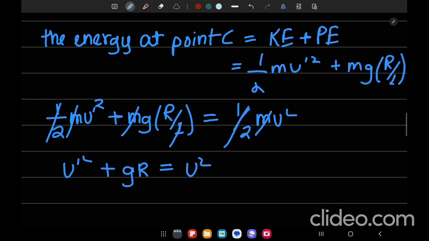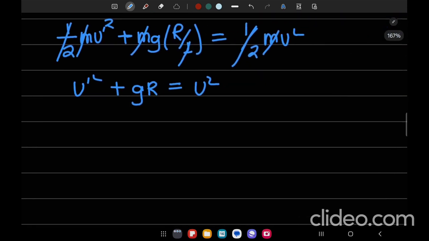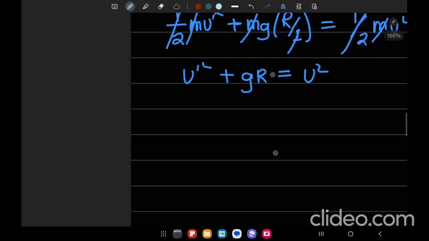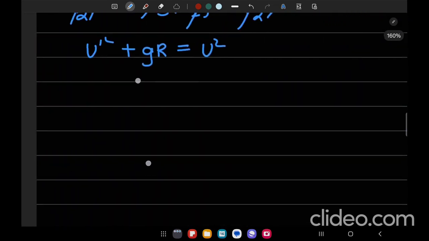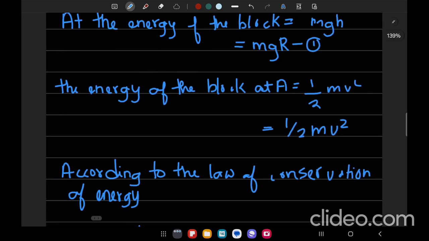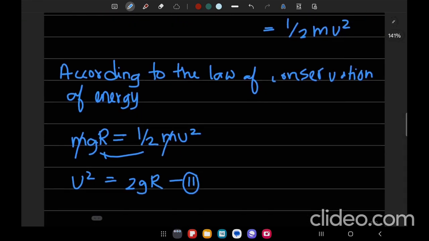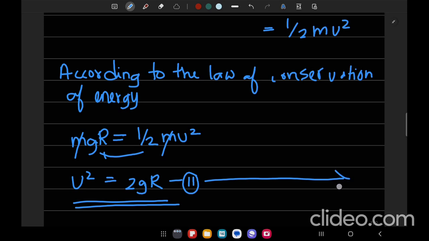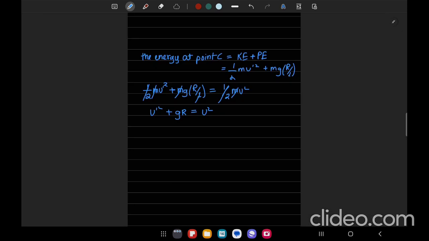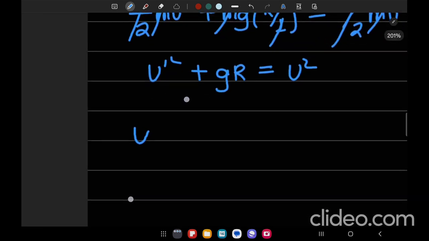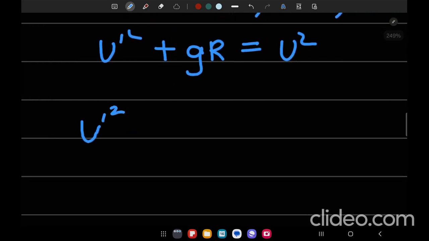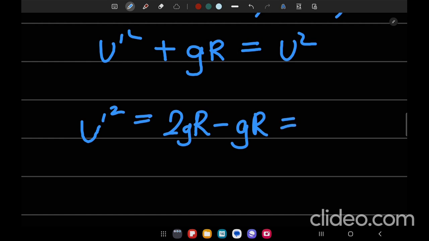From the previous slide we can see that the value of v square is 2gr. So we will put this value there. It becomes v dash square is equal to 2gr minus gr, which becomes only gr.